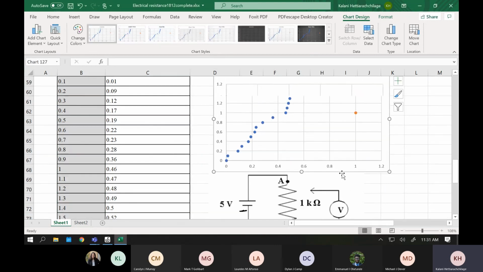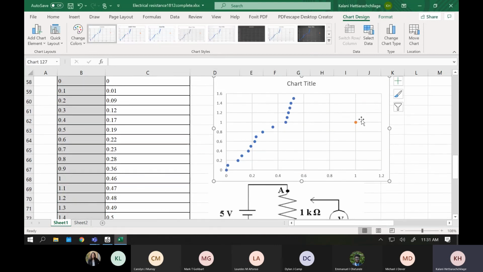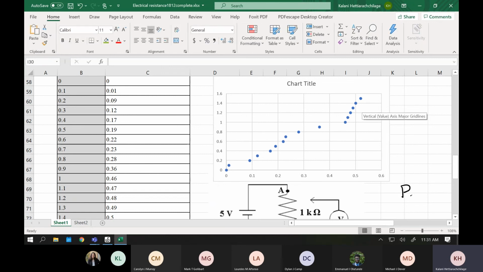And you see that your data points are not linear, right? In this case, your W equation is asking you to calculate the power. Power is calculated by using I to the power 2 times R. You guys are going to learn those equations in your class.